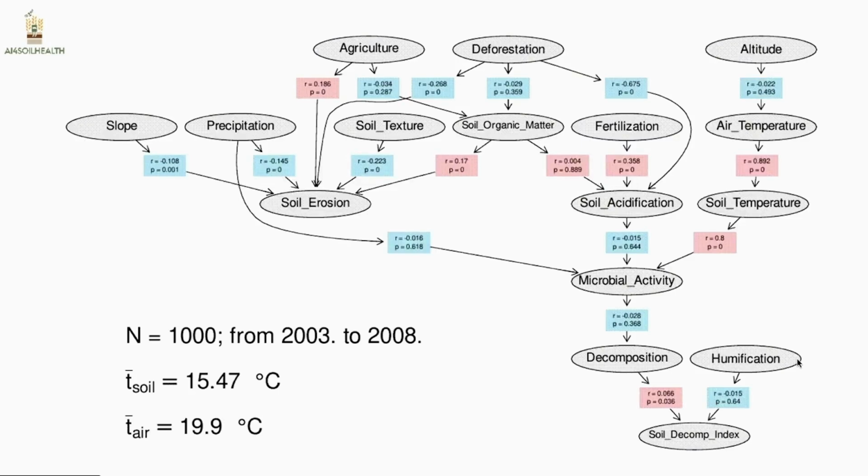We made a new simulation where the sample size is 1,000 for each step, and you can see the period, the years incorporated in this data that we analyzed, and the average temperature in this period.